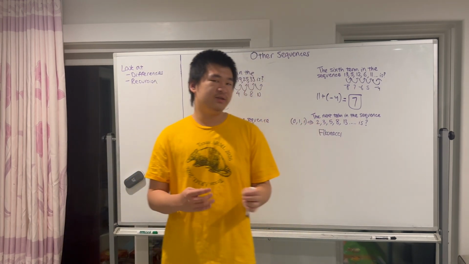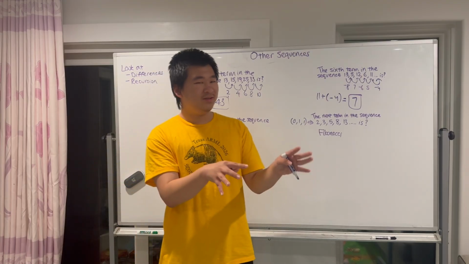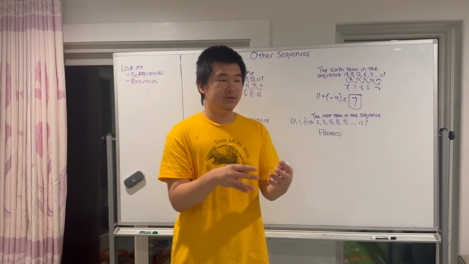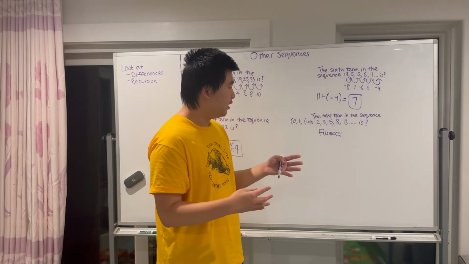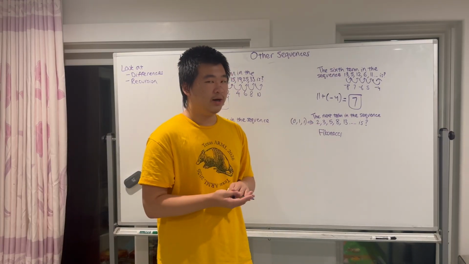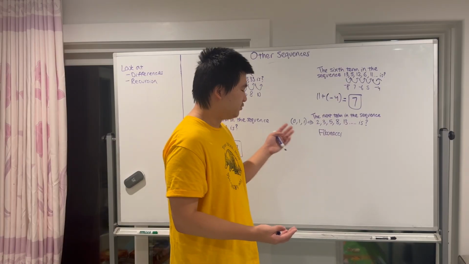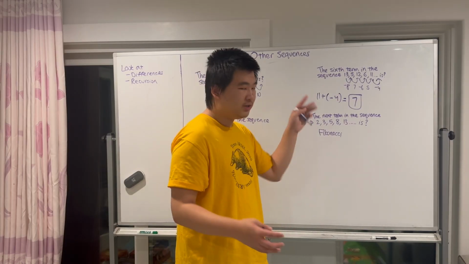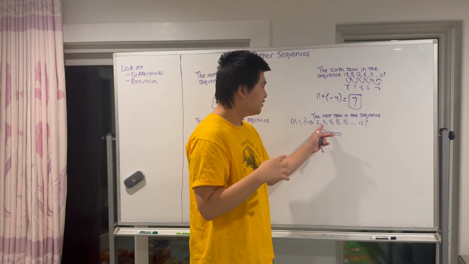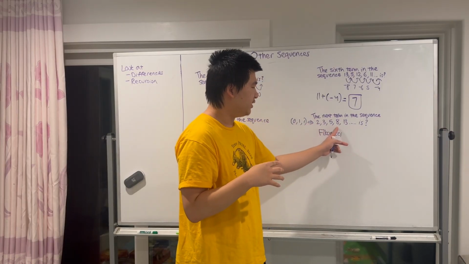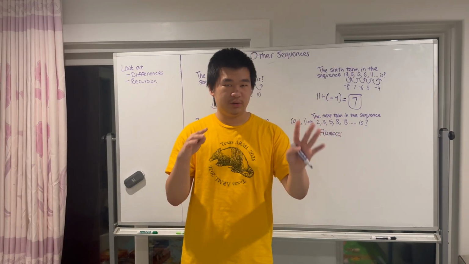So what is the Fibonacci sequence? Well, if you know it, congratulations, but if you don't, here's the pattern. First of all, try to find it for yourself, of course, but if you've taken a pause and you can't find the pattern, here's what it is. Instead of having a product, we're going to have a sum. 2 plus 3 equals 5, 3 plus 5 equals 8, 5 plus 8 equals 13, so on and so on.